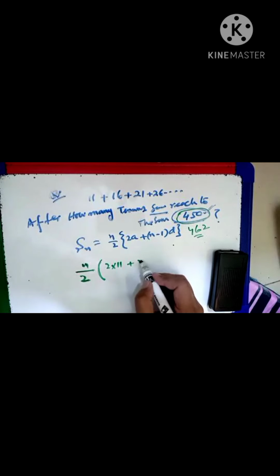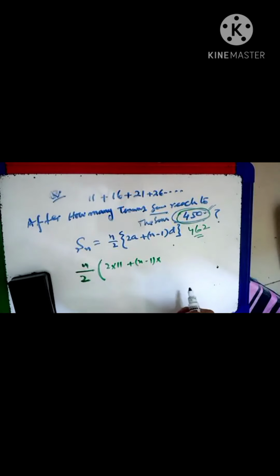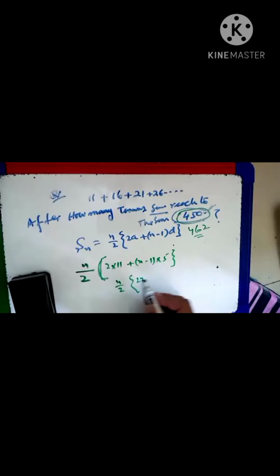Plus n minus 1, and the difference is how much? 5. You did it like this, huh? Okay, n by 2. This is 22 plus 5n minus 5, and this is 450.